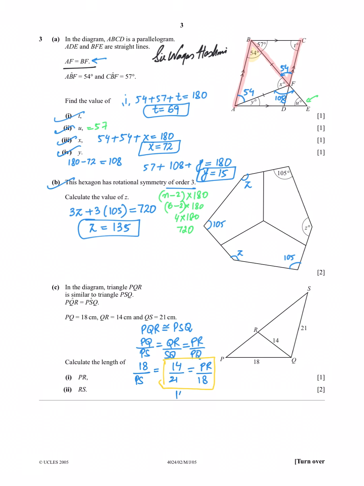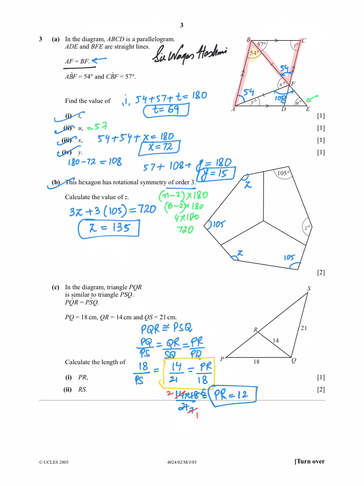So that will be 14 times 18 divided by 21 equals PR. 3 sevens are 21, 3 sixes are 18, and after that 7 ones are 7, 7 twos are 14, and 2 sixes are 12. So the value of PR, it's 12, and that is your answer.